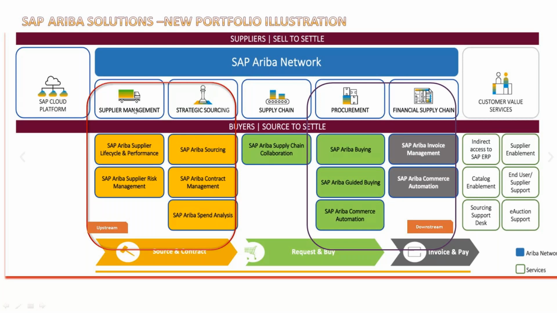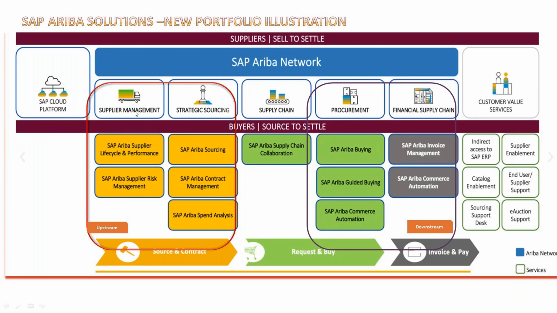Supplier management is our supplier life cycle and performance module, and supplier risk as well. In supplier management, we have different activities like supplier request, supplier registration, supplier qualification, supplier disqualification, and preferred supplier.